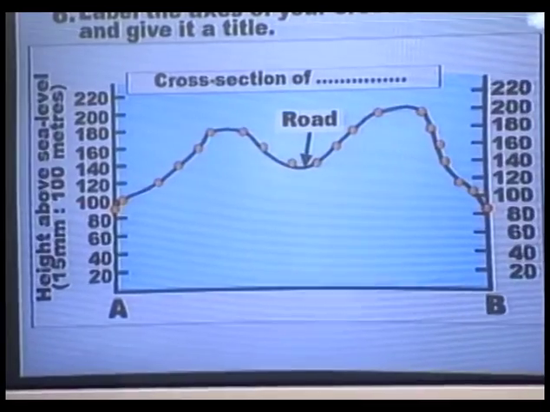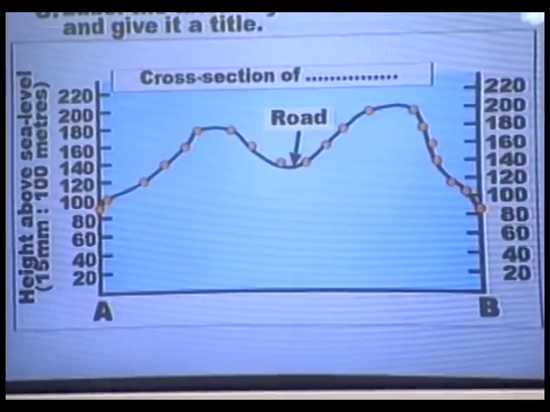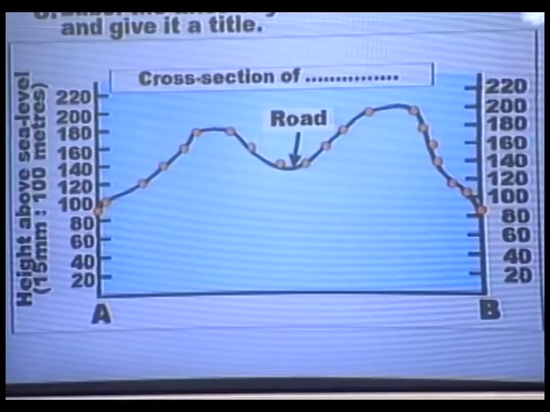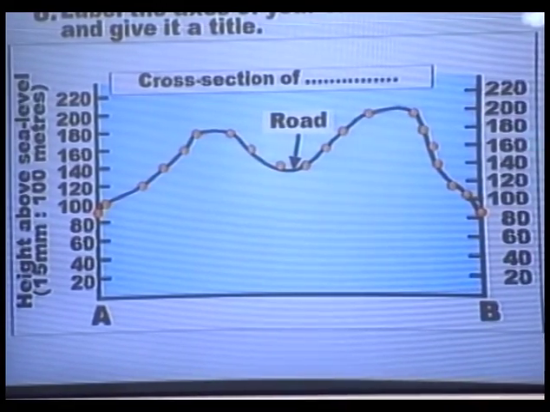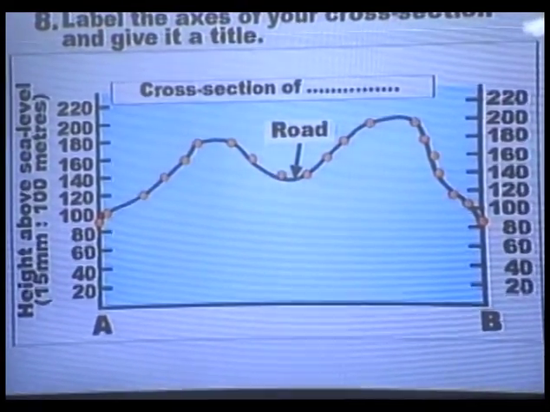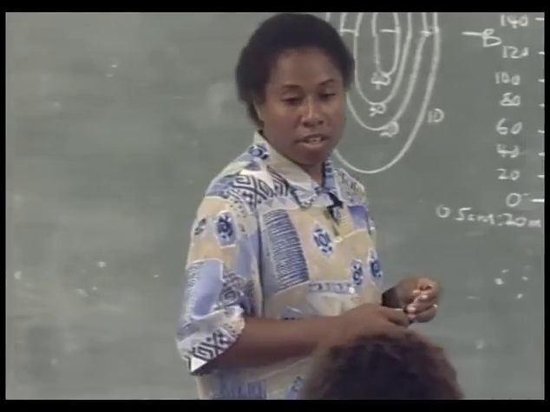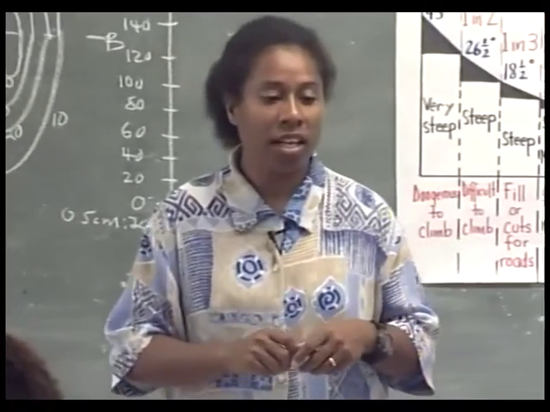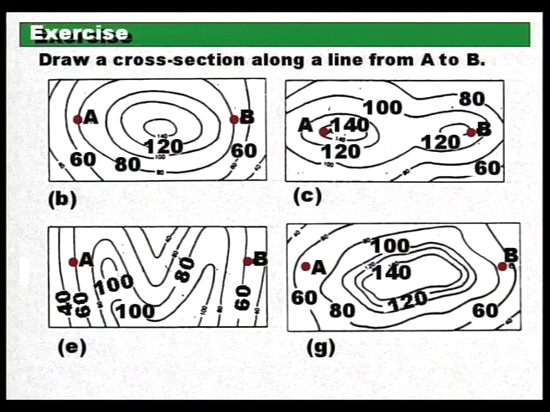Okay, I'm going to give you your homework now, and your homework is going to be some more practice of the construction of cross section. So if you can refer to the handout, which contains the different contour lines. There are 6 of those contour lines. They're lettered A to, is it H? Yes, A to H. And I will ask you now to do at least 4 more constructions of cross sections into your exercise book.